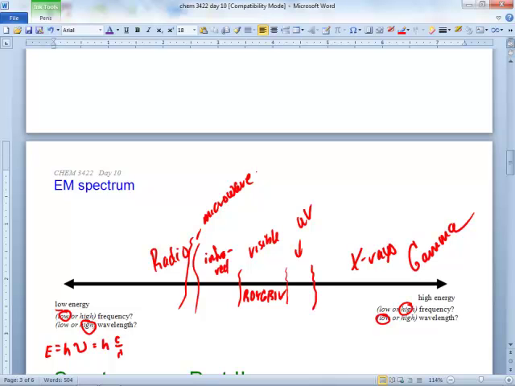So how can it be that microwaves are less energetic than heat, less energetic than your remote control, but yet you can cook hot dogs? How does that work? Does anybody know?